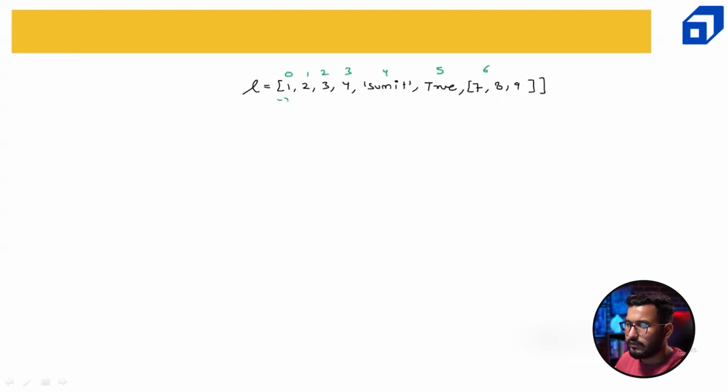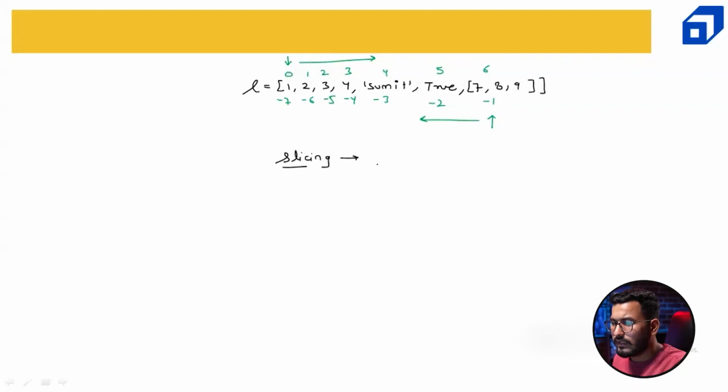Then -7, -6, -5, -4, -3, -2, -1. One more easy method of assigning index is, for positive you can start from 0 and proceed from left to right. For negative index you can start from -1 and proceed from right to left. That will easily help you to assign the index.